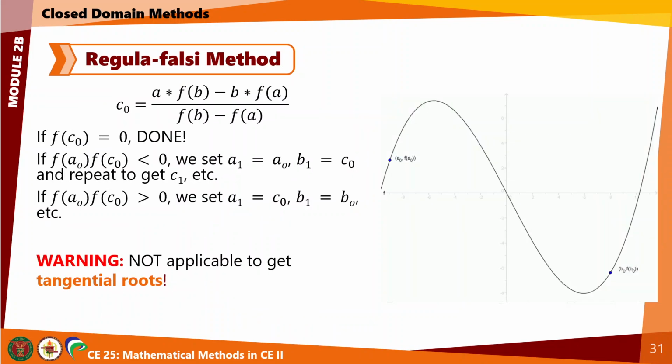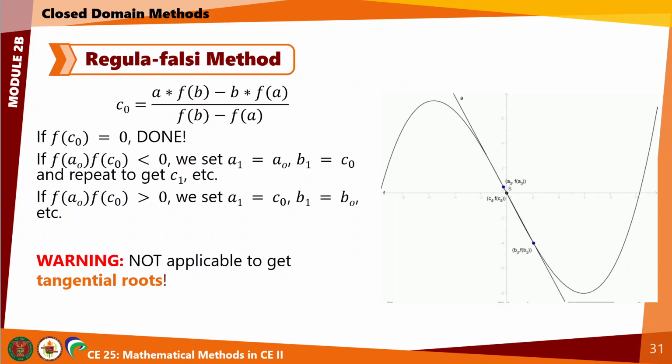Okay, let's just look at this demonstration. Okay, ito yung dalawa nating endpoint. And then, ito yung intersection. So, yan na yung next function value natin. And ito ulit, intersection. Pero basically, same lang talaga yung process niya with the bisection method.